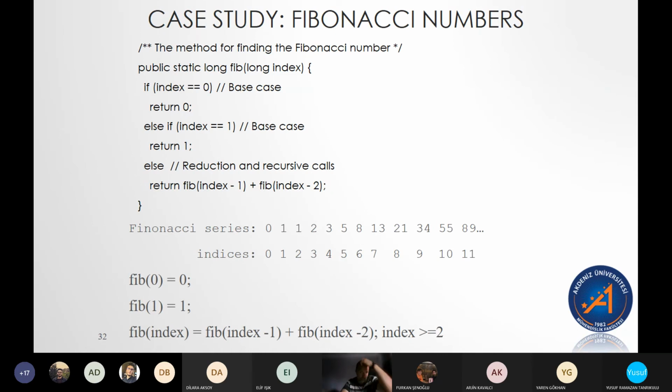So let's say we were looking for index 10. We're looking for the 10th Fibonacci number. Or in this case, I guess that's the 11th technically, but index 10. Well, then we've got to calculate whatever Fibonacci is at index 9 plus whatever it is at index 8. And then we got to add those two together.